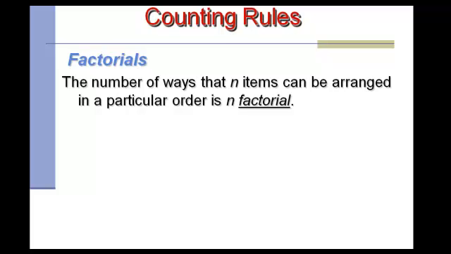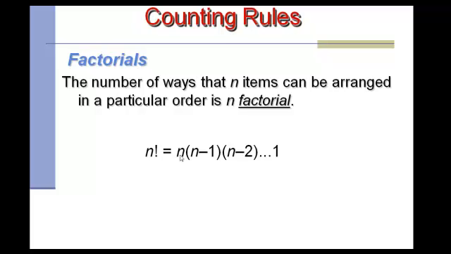Then there are factorials that give you the number of ways that n items can be arranged in a particular order. The way factorials look is n with an exclamation point. For example, if you've got 5 items and you want to know how many different ways they can be arranged, then it would be 5 factorial.